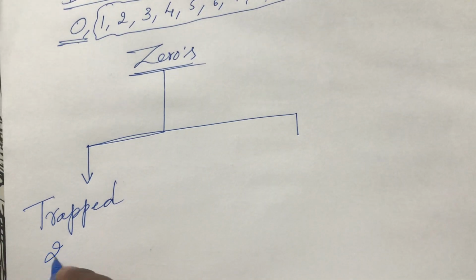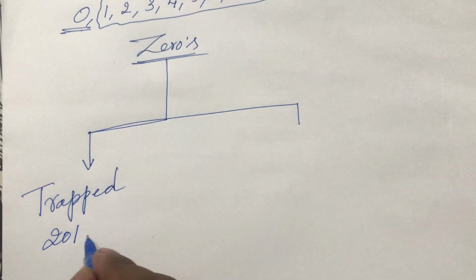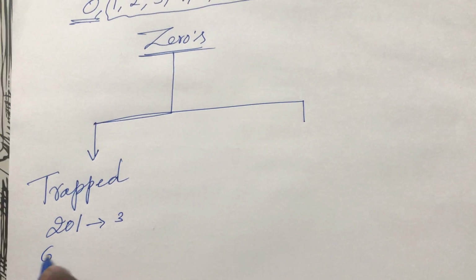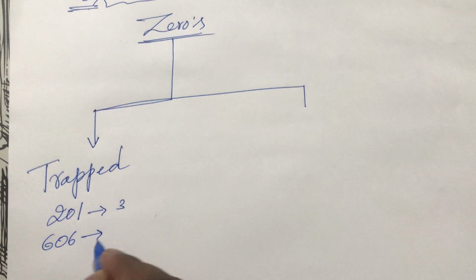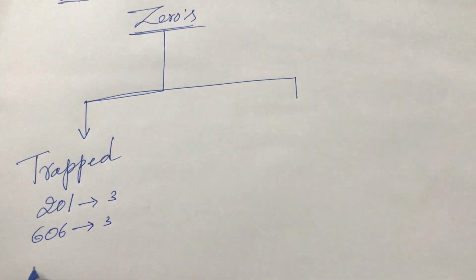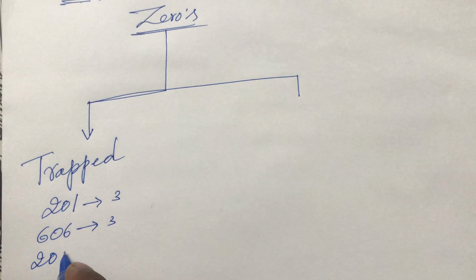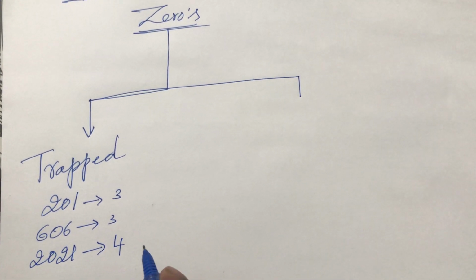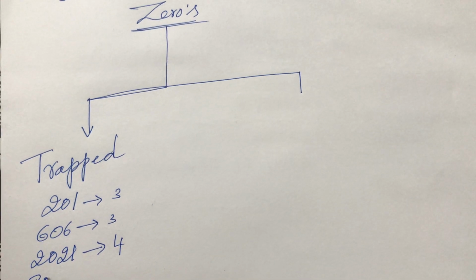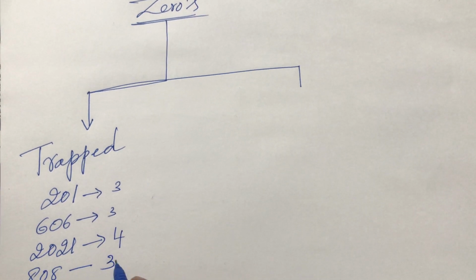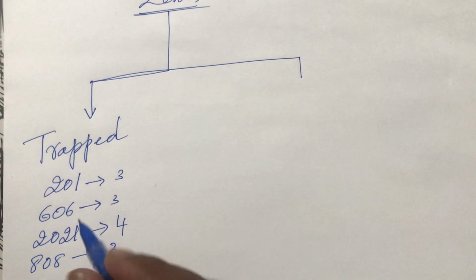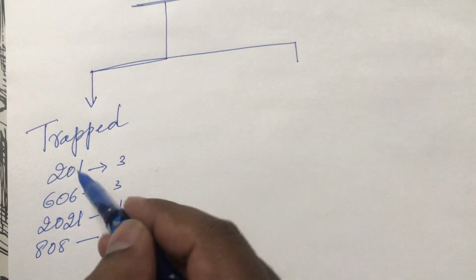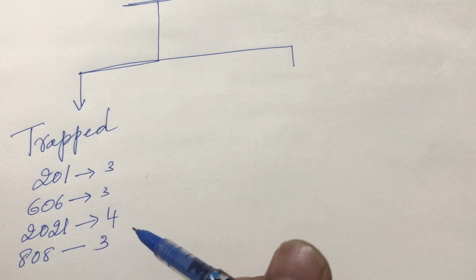For example, 201 has three significant figures. 606 has three significant figures. 2021 has four. 808 has three. If you see zeros between non-zero digits, you have to consider that zero as significant.